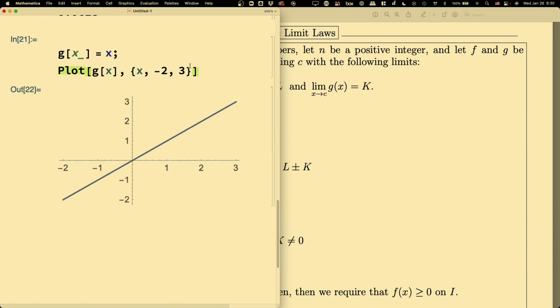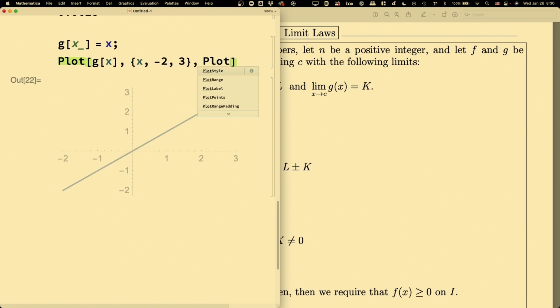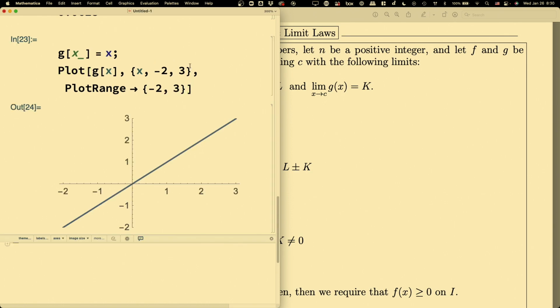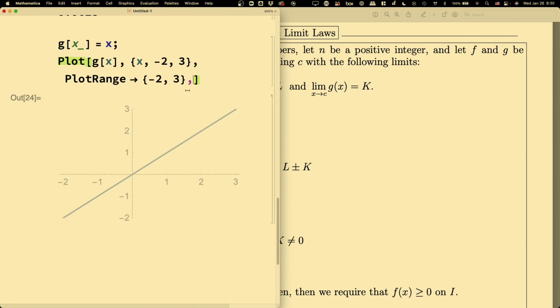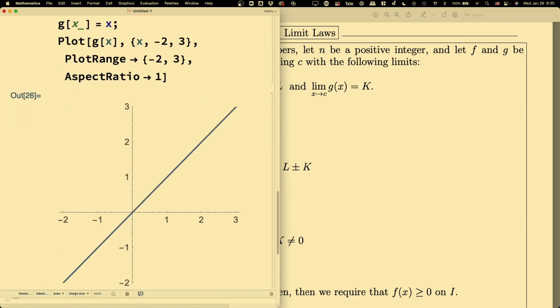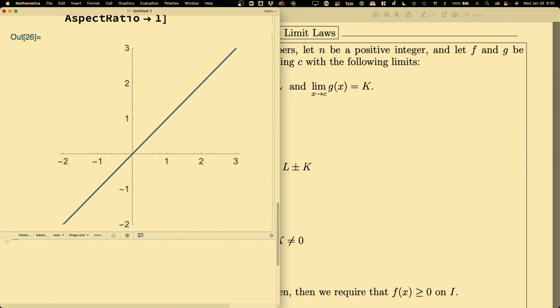And I'm going to tweak the scaling factors here so that it actually looks like it's slope 1.